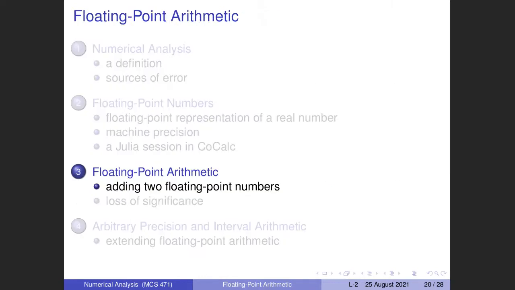All right, I will move on. Arithmetic. So here we use, in this lecture, we do some very important calculations, and we see how they can be done in Julia as well.